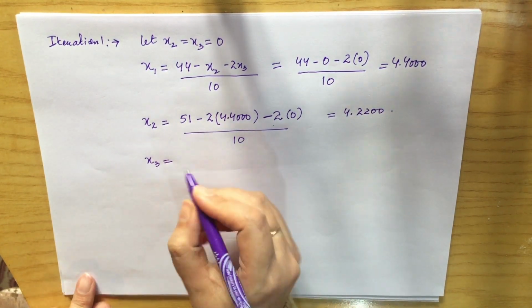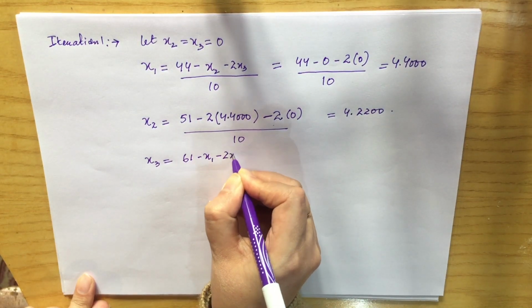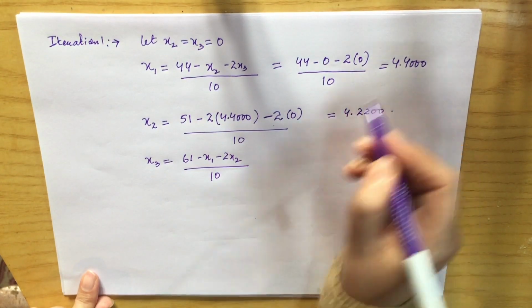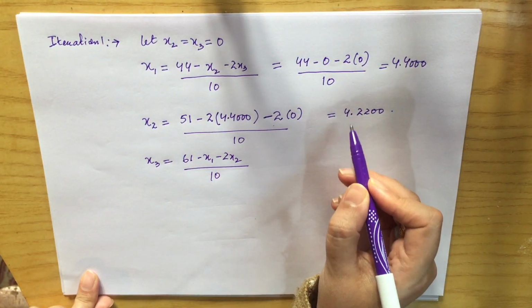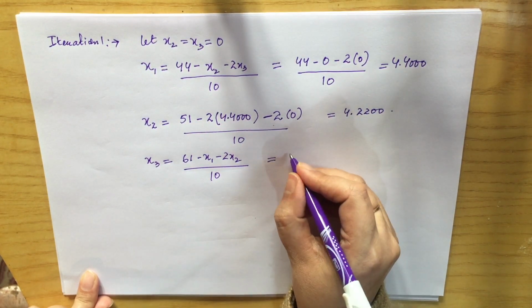Then we have the x3. Our x3 equation is 61 minus x1 minus 2x2 divided by 10. Now we have the new value of x1 and the new value of x2. We will put these two values in the x3 equation and we will get the value of x3.